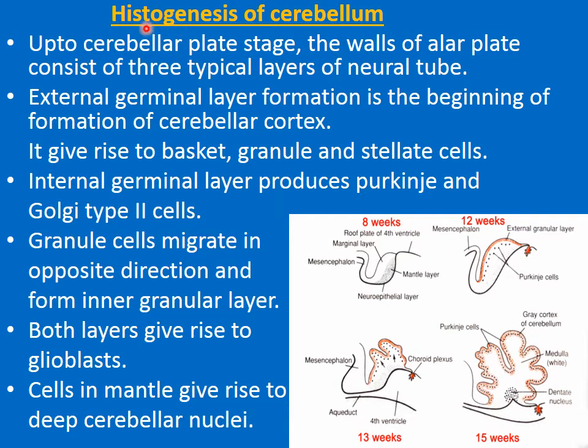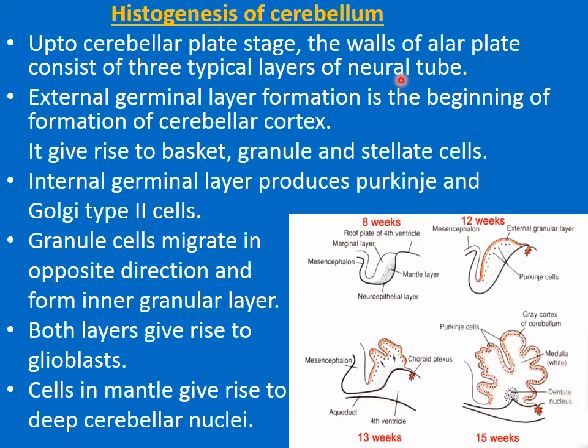Histogenesis of the cerebellum. Up to the cerebellar plate stage, the walls of the alar plate which give rise to the cerebellum consist of the three typical layers of the neural tube, that is the inner neuroepithelial layer.